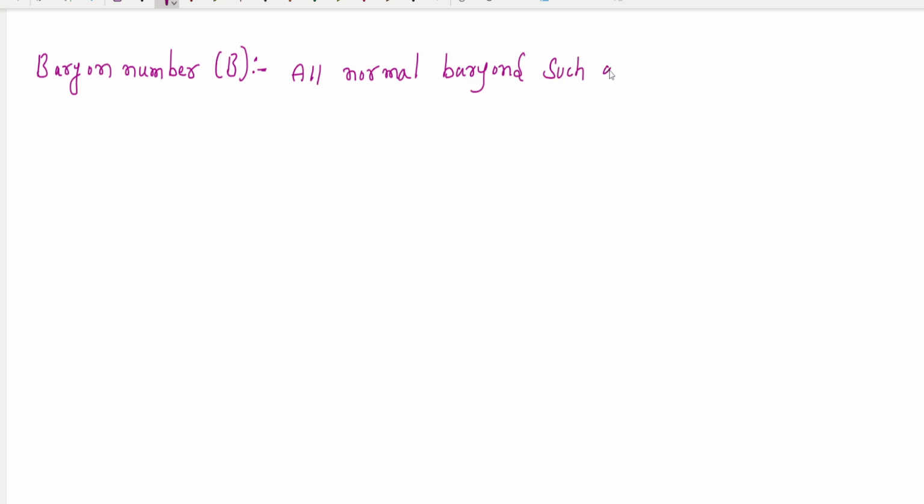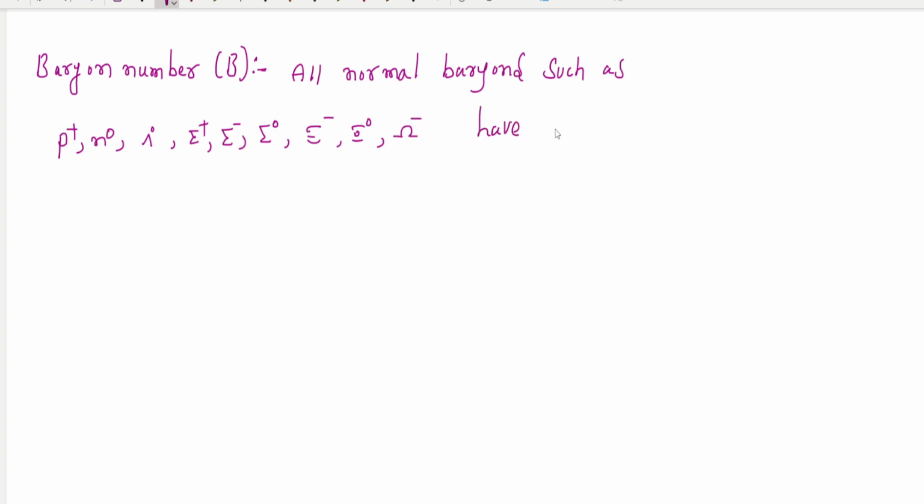Normal baryons such as p plus, n naught, sigma plus, sigma minus, sigma 0, and xi 0 and minus.